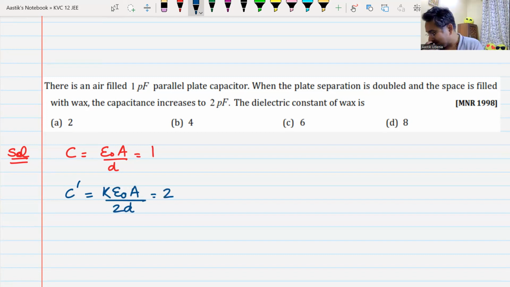So from here you should get the value of K. What is the value of K? It has to come 4. I hope you understand this. Yes, sir. Please be careful, beta. A simple mistake and the answer becomes minus 5, and whatever hard work we are doing goes down the drain.